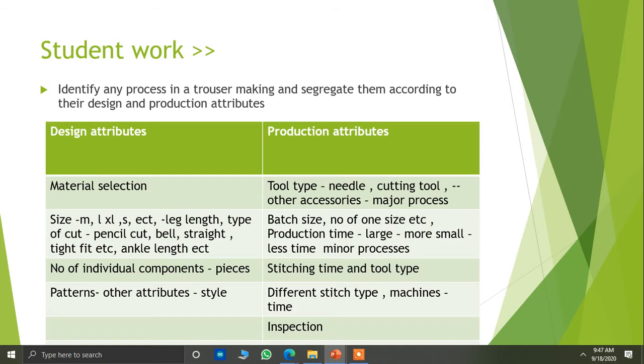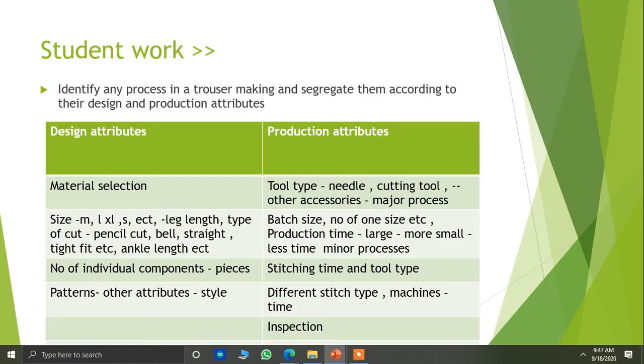Okay, so it's based on the size of the batch. For example, L I should produce more, so I have to concentrate more on L because there's a huge production in that when compared to M, and maybe M is also more or less a good size which runs in the market.